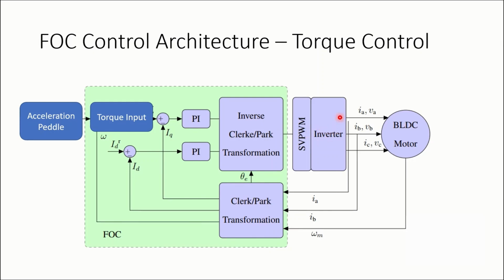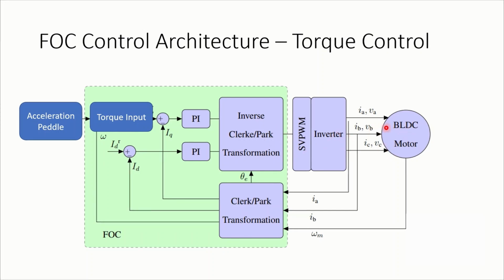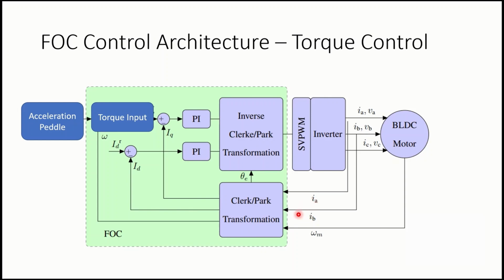The inverter will have IGBTs or MOSFETs, which are driven by the gates, and those gate PWM signals are controlled by this SVPWM, and indirectly controlled by the voltage generated at the end of this transformation. Then finally the three-phase AC motor will realize the voltage applied to it. In the same way, we have the input here, three-phase currents IA, IB, IC, which we need to convert into ID and IQ.